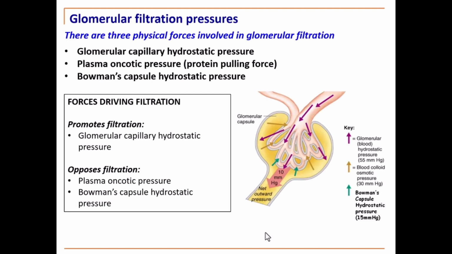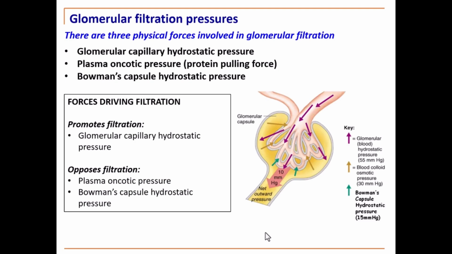You can also be thinking right now that anything that disrupts any one of those forces can potentially alter the amount of filtrate that forms, therefore altering the glomerular filtration rate. For example, changes in your plasma protein levels, so if you have a low level of protein, will alter the oncotic pressure. If you vasoconstrict or vasodilate the afferent or efferent arteriole, that will alter the amount of blood coming in and leaving the capillaries, again altering the glomerular hydrostatic pressure.